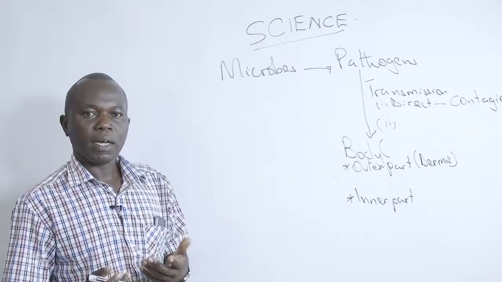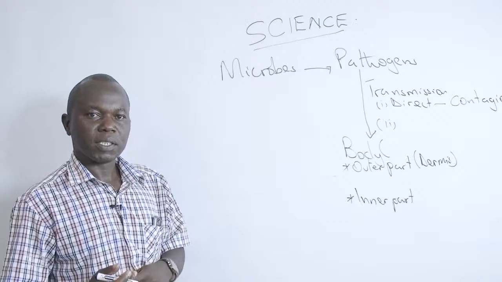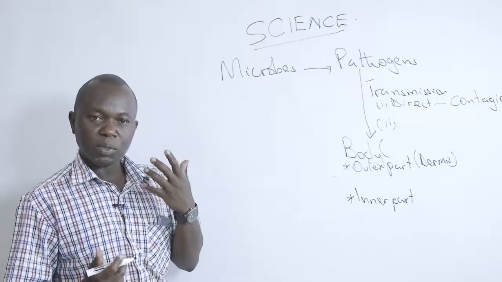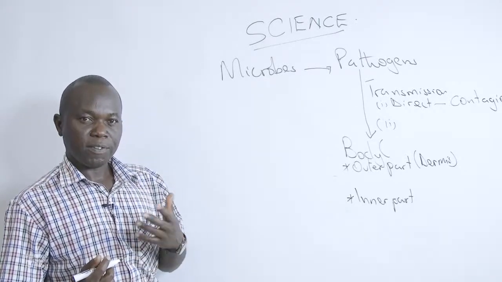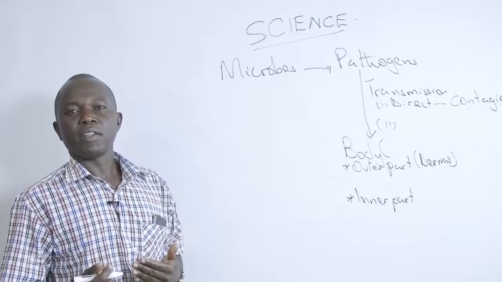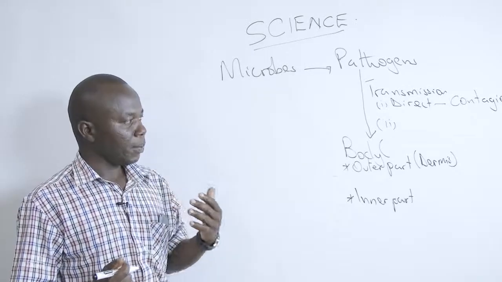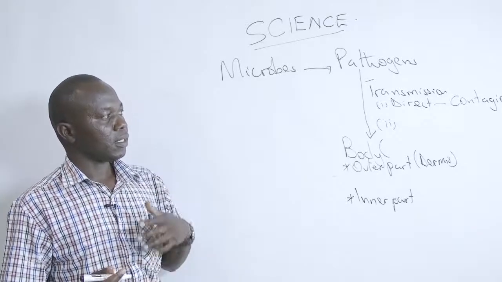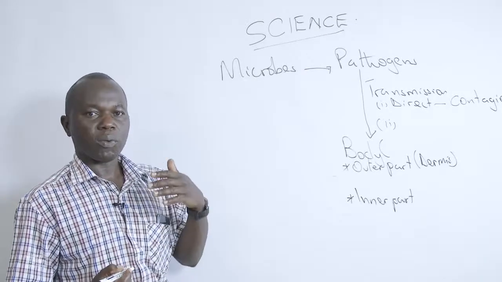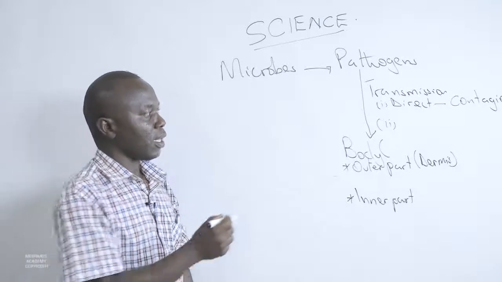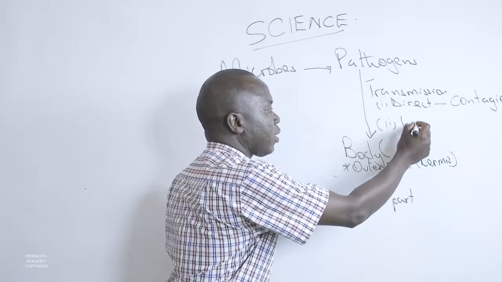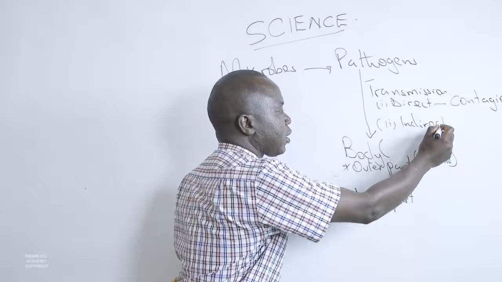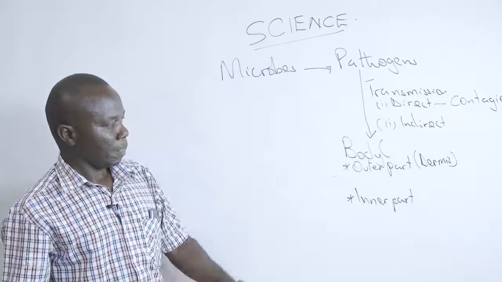For instance, through air, when somebody sneezes or coughs, they release droplets in the form of saliva, or maybe mucus, which will carry the pathogen to the other person. So we were calling this indirect transmission.